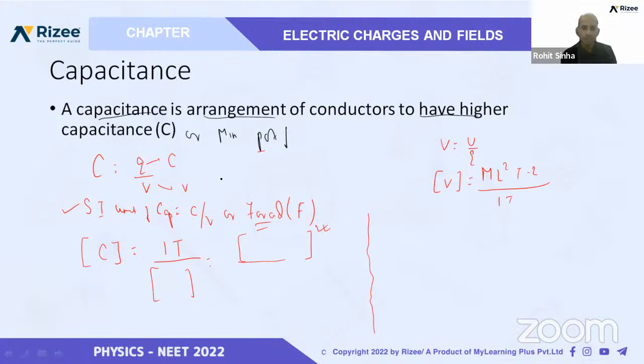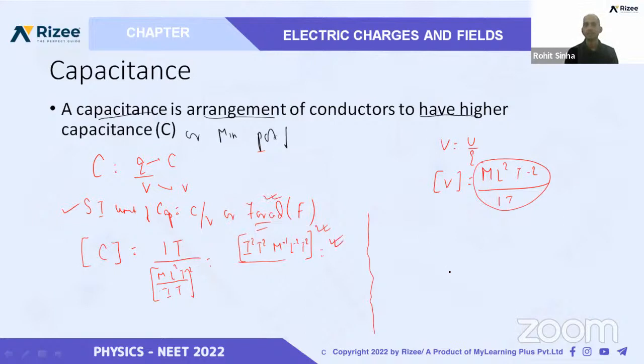You will just put the values here: ML²T⁻² and IT, and IT goes up. What will we get? We will get I²T²M⁻¹L⁻²T⁺². We will solve this and get the answer. This is the dimension of capacitance, and this is the unit of capacitance.